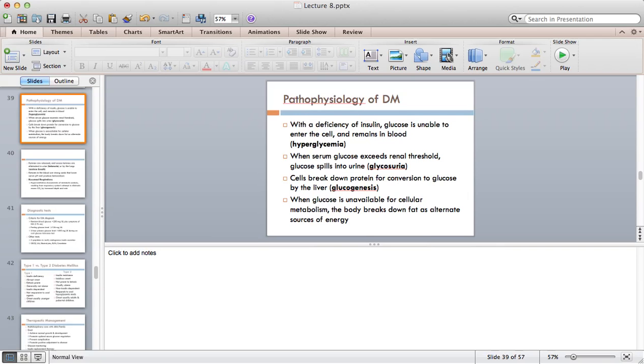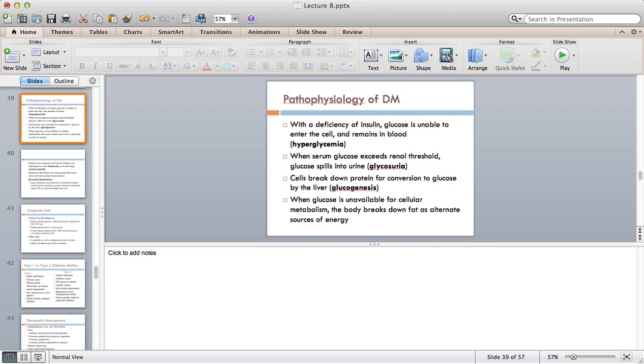Because the primary work of the insulin is to be that messenger, that carrier. It will just carry the glucose from the bloodstream and deposit it into the tissue for the tissue to use that glucose to metabolize.